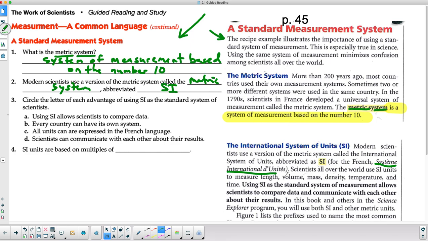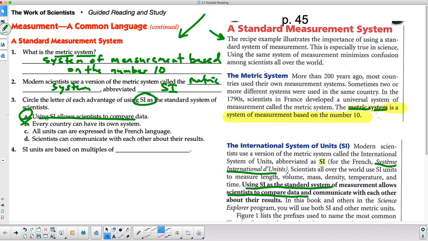Okay. It says circle the letter of each advantage of using the SI as a standard system. So down here in bold it says the SI system is a standard system of measurement, allows scientists to compare data. Using SI system allows scientists to compare data. So that's one. Every country can have its own system. Nope.